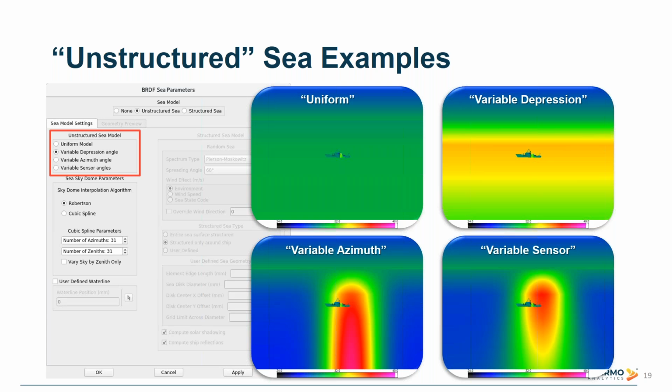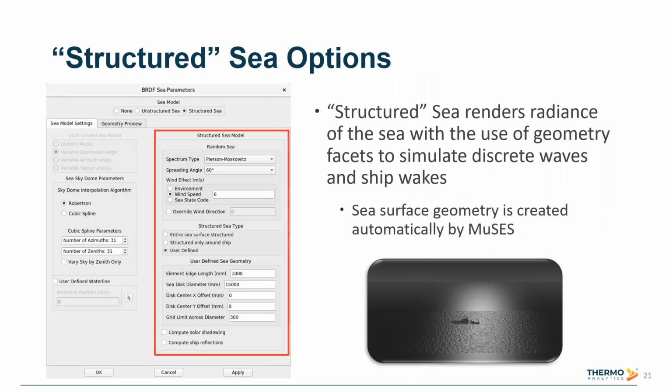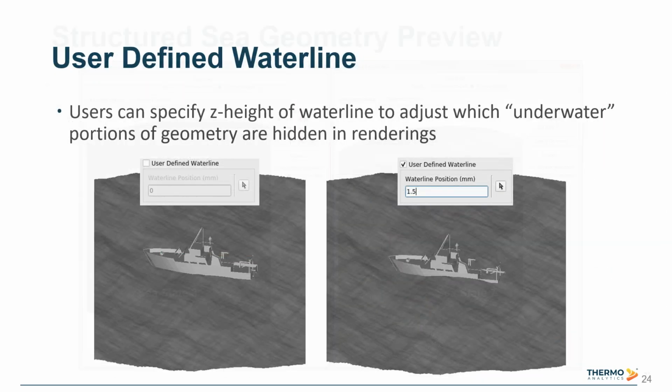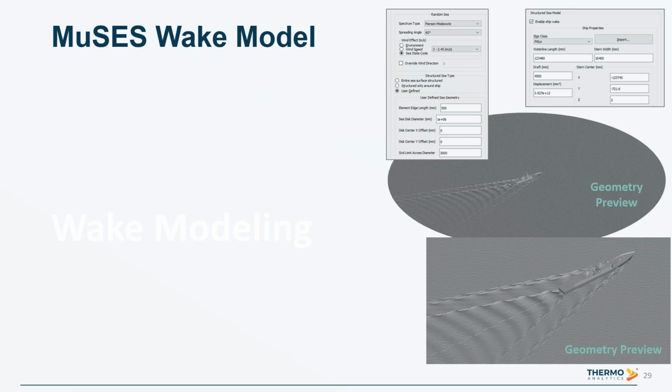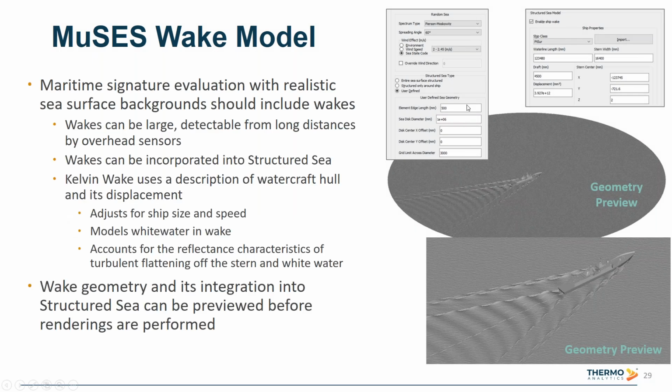Can you discuss how your wake is affected by choice of wet facets as defined by picking your waterline? Yeah, I can go a little bit more into depth on the wake slide. You can see these inputs in the top right here. You can enter things like ship class, waterline length, and so on. A lot of these are based off of the ship itself. The stern width here is set to 16,400, and that's in millimeters. All of these would be inputted based off of whatever ship you're using.